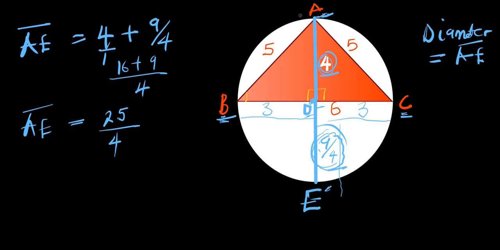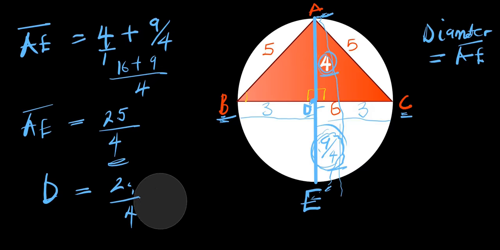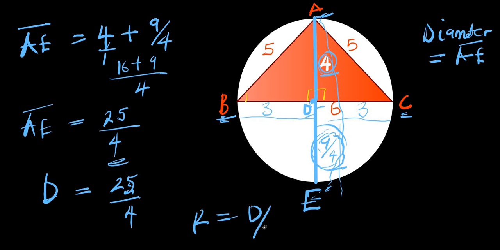Now this becomes the total length here, which is our diameter. That is 25 over 4. Now, if diameter equals 25 over 4, this is 25, not 24. There is 25 there. Now, radius is what? Diameter over 2. So our radius will be 25 divided by 4 divided by 2.